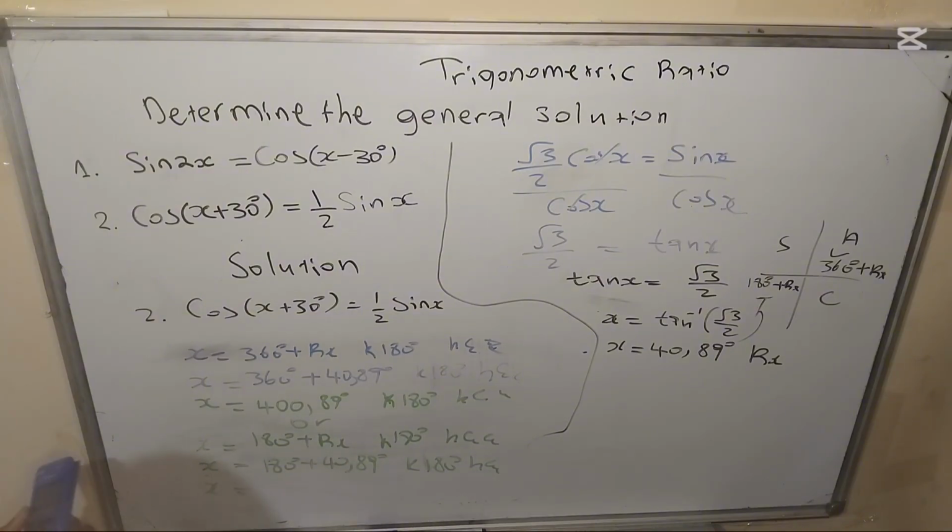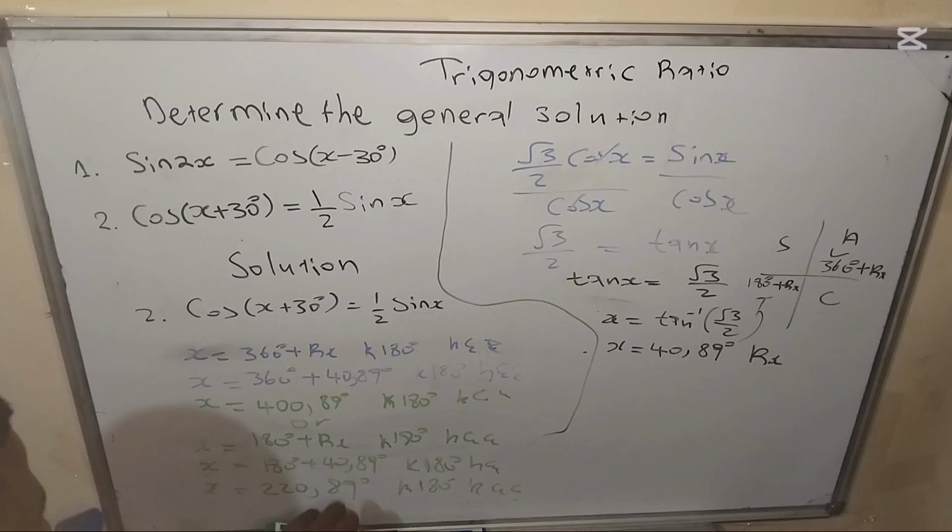Then our x is equal to 180 degrees plus 40,89, so our x is equal to 220,89 degrees plus k 180 degrees, k is an element of z.